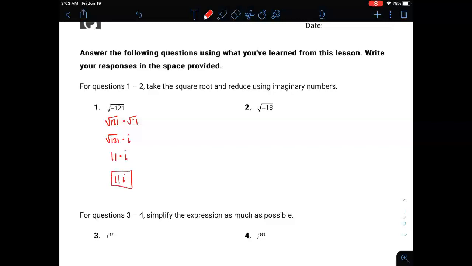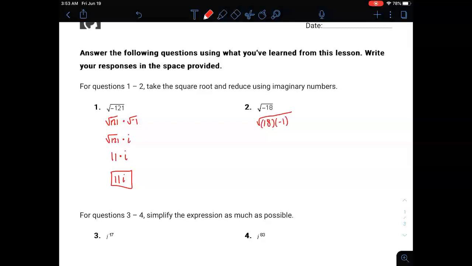All right. Now, this next one is something that maybe we've talked about, maybe you've talked about ever. If you haven't, we'll briefly talk over it here. Square root of -18. If we were to factor out that -1, the reason we can factor that out is because it's like saying 18 multiplied by -1.